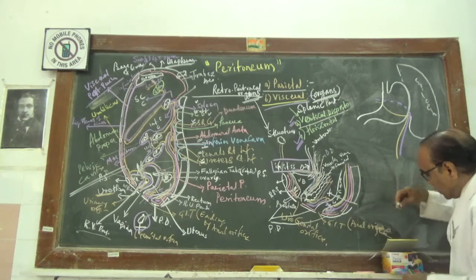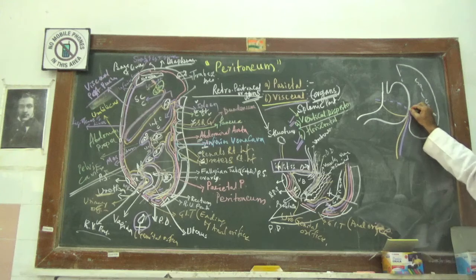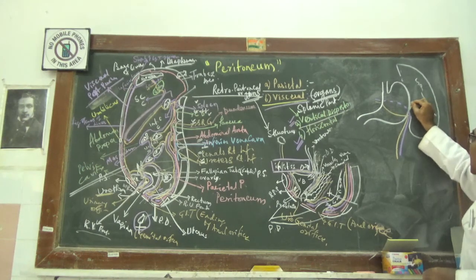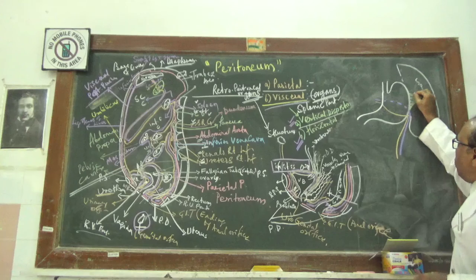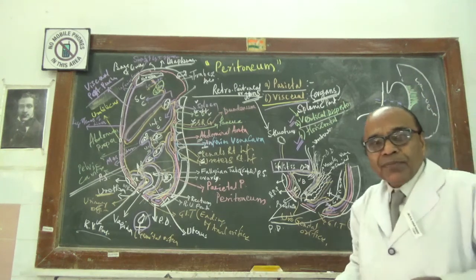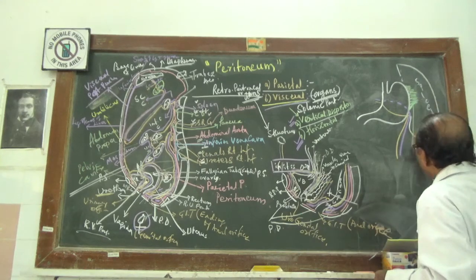That ligament will run from the greater curvature of the stomach by its postero-inferior surface of the gaster or the stomach and attach to the spleen. This is called the gastrosplenic ligament.